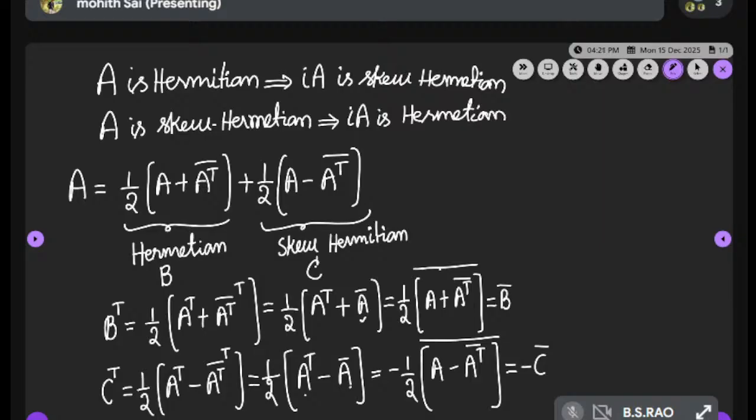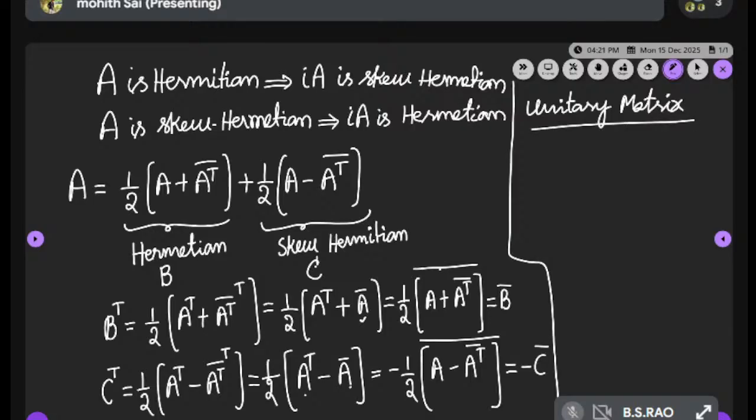Right. Now write unitary matrix. A unit matrix is different from a unitary matrix.